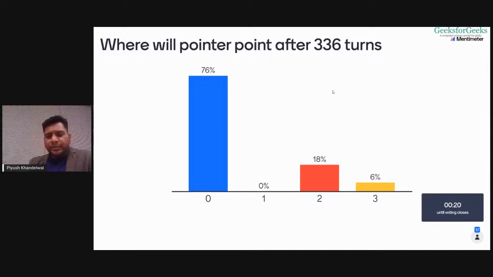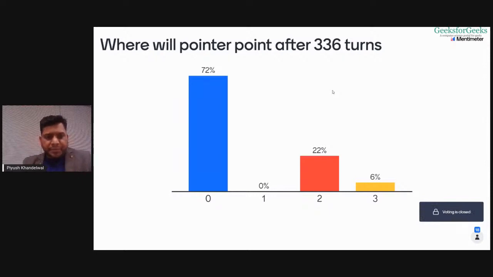You can click on that and then submit your solutions. Okay, most of the people are saying it's 0. Some are saying it's 2. Some are saying it's 3, right? Let me verify what it will be.